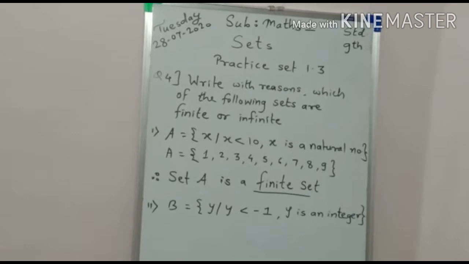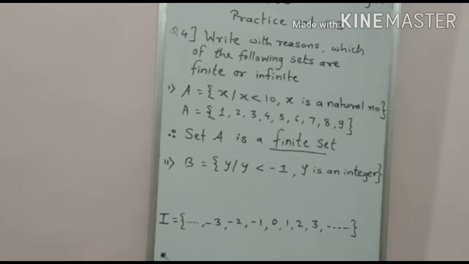Set B is given, having an element y such that y is less than -1 and y is an integer. So what are integers? Negative numbers, 0 and positive numbers. These are the integers, and according to the condition, y is less than -1.